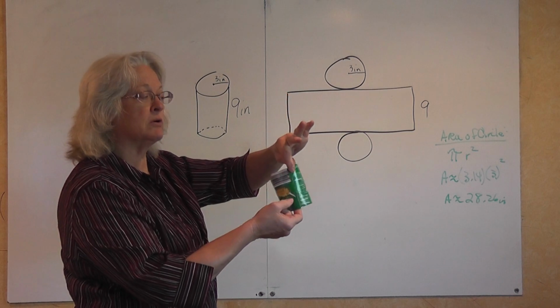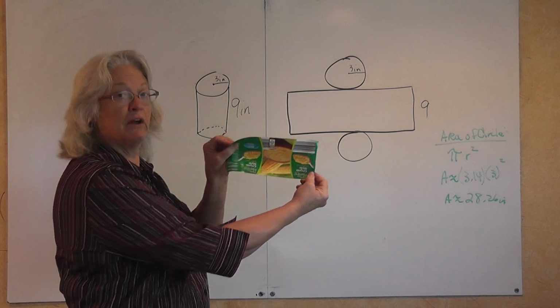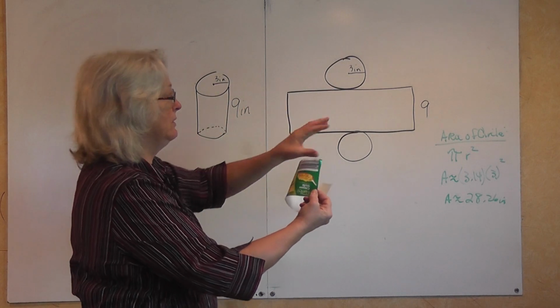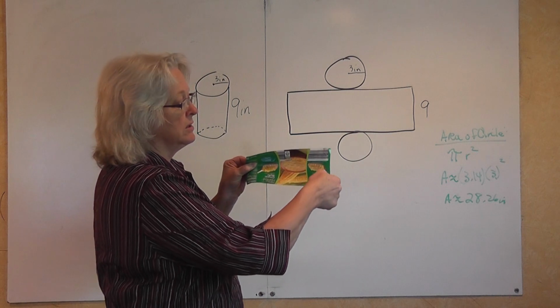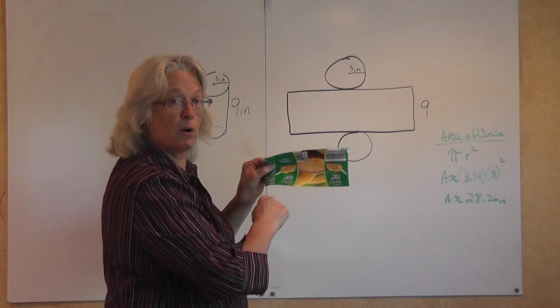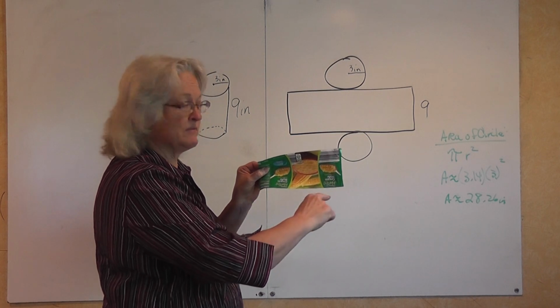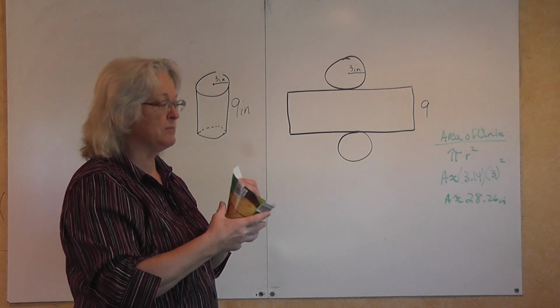When you unroll that label, you have a rectangle that we have here. We know that since the can is 9 inches tall, that this has to be 9. But how in the world are we going to figure out what the length of this thing is? There's nothing measured there. That's where the three-dimensional comes in.